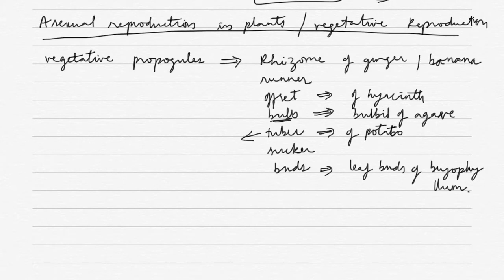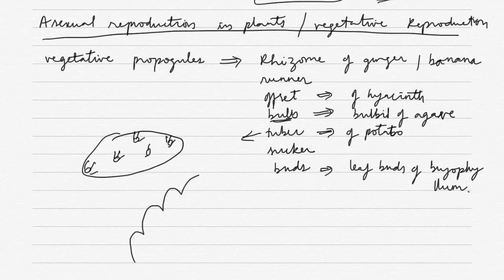So here what happens in tuber of potato, suppose if this is potato, you have eyes emerging from the potato tuber, and this can give rise to a new plant. Then when we say bryophyllum, if this is the bryophyllum leaf, we have the adventitious buds arising from the margins. So this has the capacity to give rise to a whole new plant body.